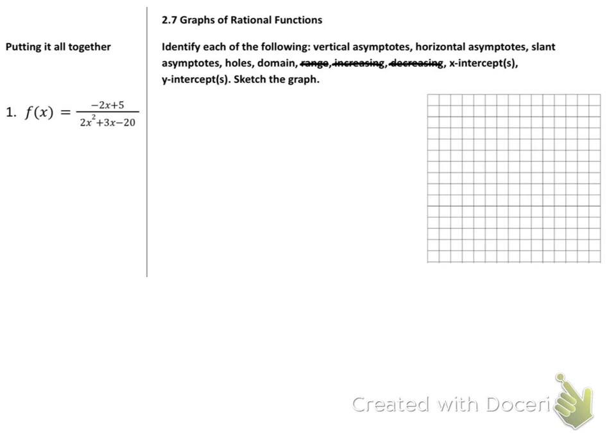We're going to go ahead and take the function that was given to us and let's start factoring. So I'm going to take a look at this. I think the bottom is factorable. That's going to give me a 2x and an x. And I think I get a minus 5 and a plus 4 if I drag this over. Okay. If you take a look at the top and the bottom, those are almost identical.